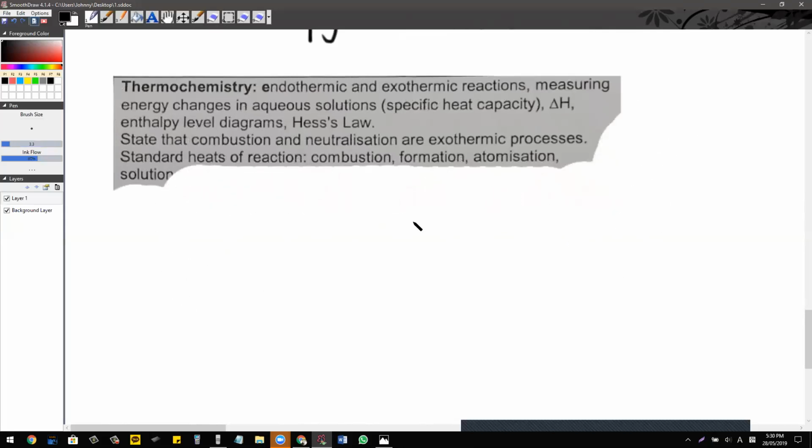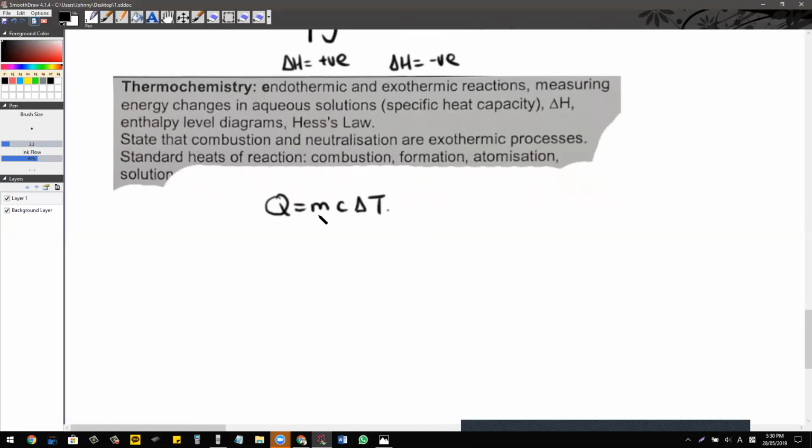So basically we know that for endothermic, delta H is positive, and for exothermic, delta H is negative, right? Have you done Q equals mc delta T as well?